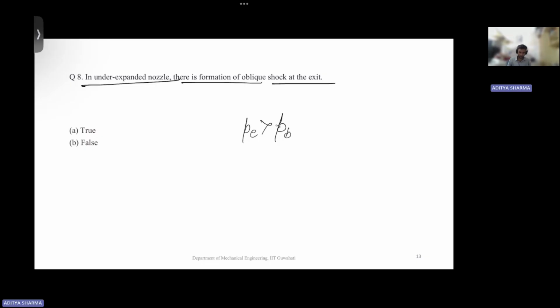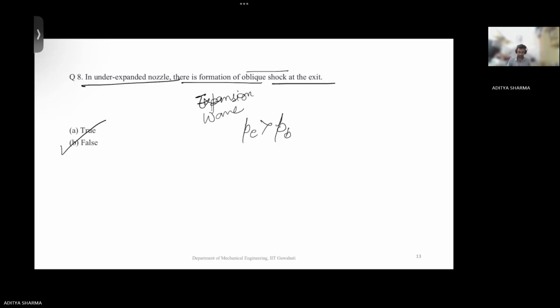Now if you have an oblique shock, your pressure is going to increase. Okay, so that is not going to go well with your back pressure. So if you want to reduce the pressure, you need an expansion wave, right? So there is formation of expansion wave at the exit. So this is a false statement.